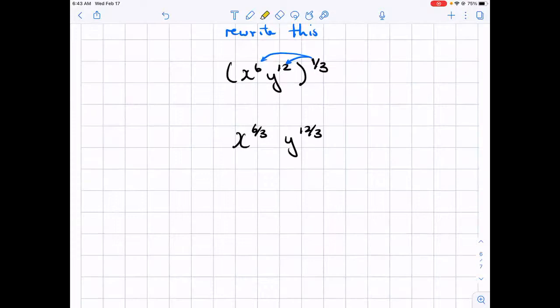And 6/3 is the same as 2, so this becomes x squared. And 12 divided by 3 is 4. So here we have x squared y to the 4th. Okay, that's our final answer.